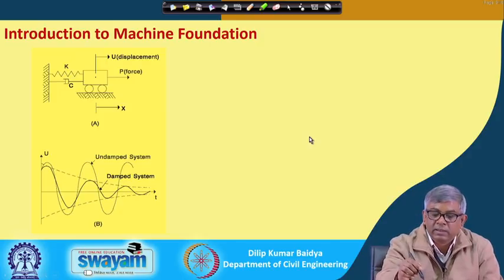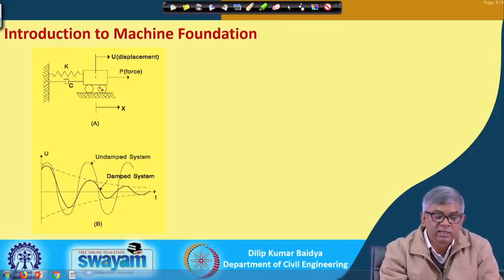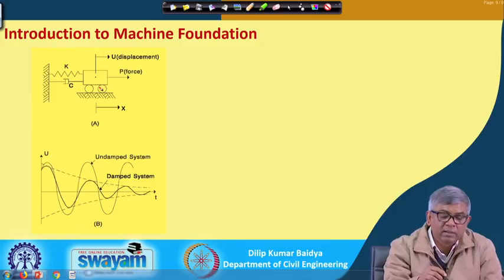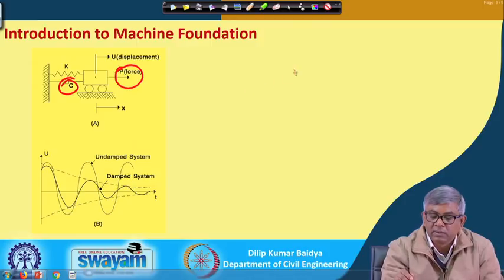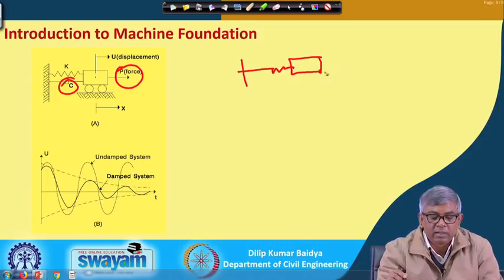Next, you can see that in the model itself I have shown everything, but I can separate it. Suppose the force is 0 and the dashpot is not there. So your model is something like this, and an initial displacement is given.